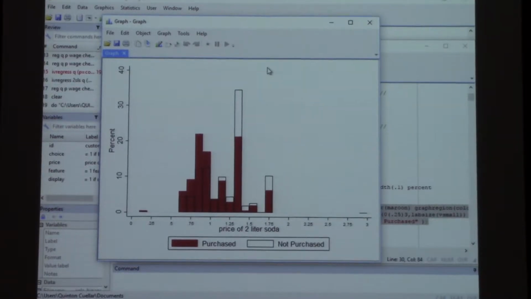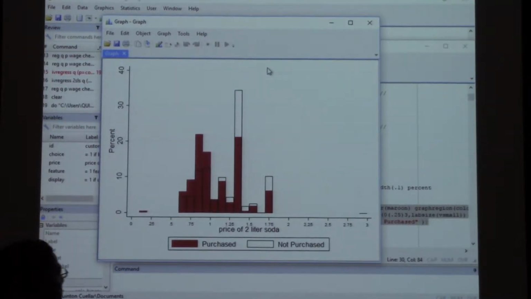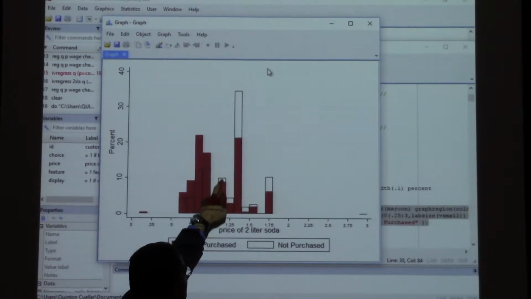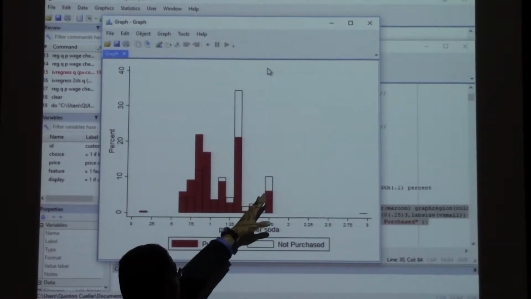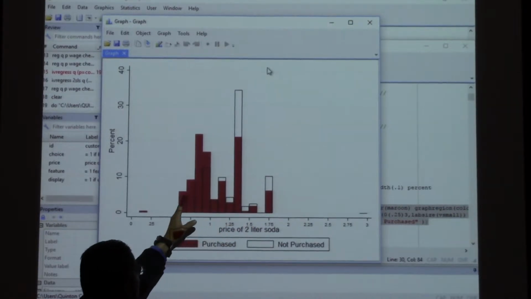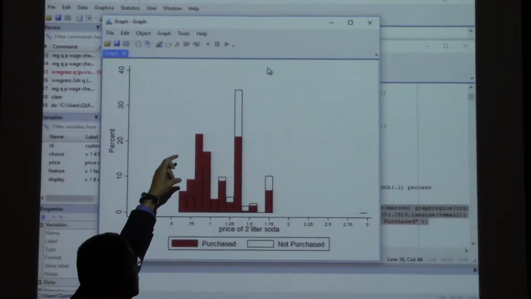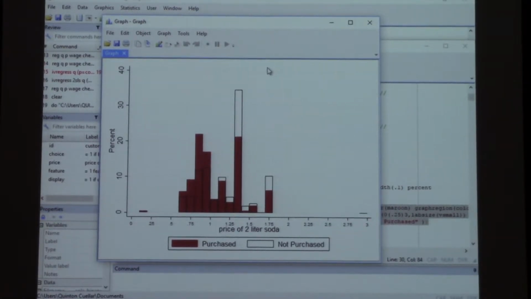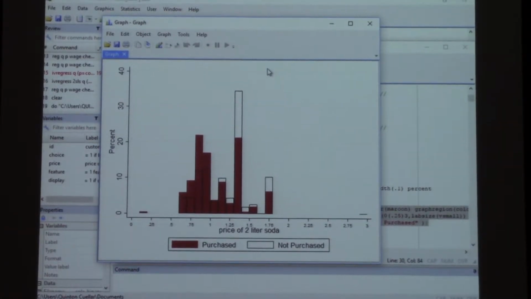And essentially what you can see are these peaks when they didn't purchase. You get more observations at the higher end. And when they did purchase, you get more observations in terms of the height of the histograms at the lower end. So we can see that there is a difference in the distribution of purchases.